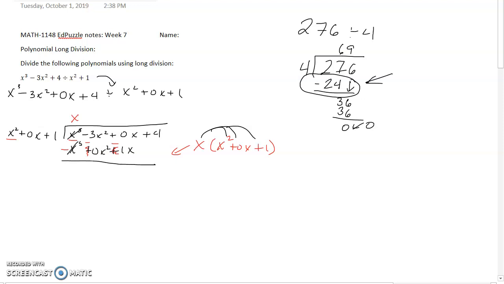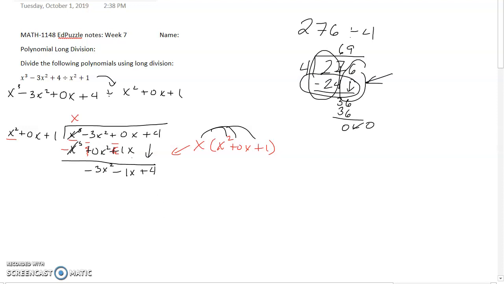Just like over here in this one, your 2's cancel out. And then negative 3x squared minus 0x squared is minus 3x squared. And then 0x minus 1x is minus 1x. And then do you see how over here we brought that 6 down? Well, we're going to do the same thing with the positive 4.